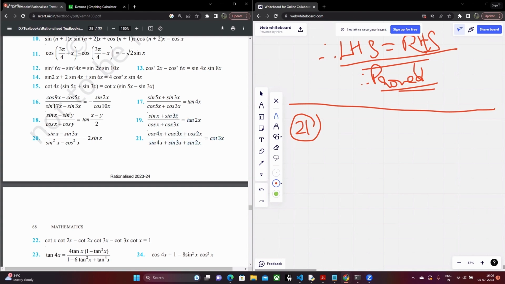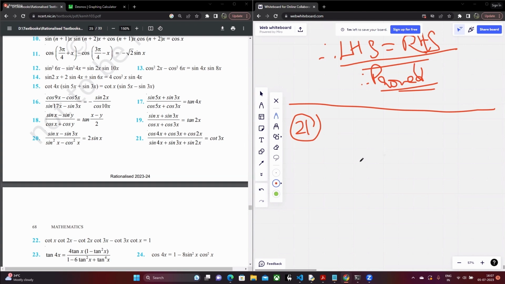So you deal with this cos and this cos, this sine and this sine, instead of dealing with the middle. Because if you're going to do this, then you will anyway get a 3x term with which you can take common and simplify out.